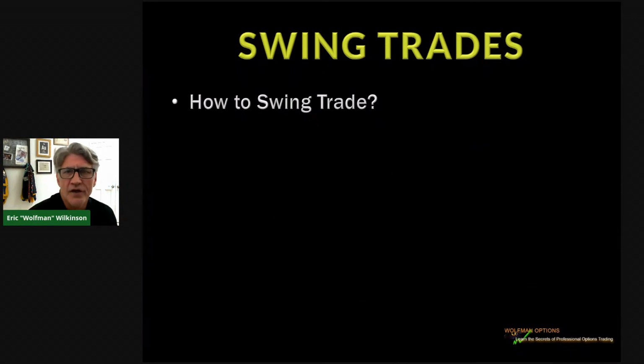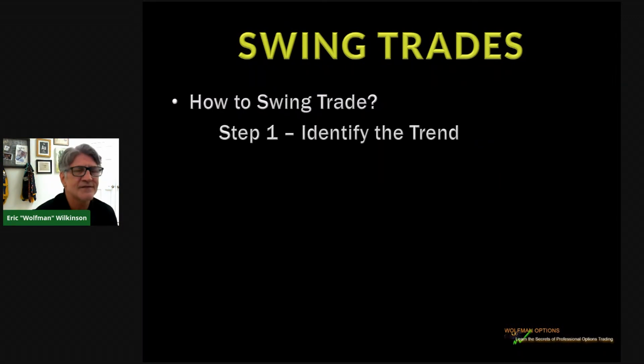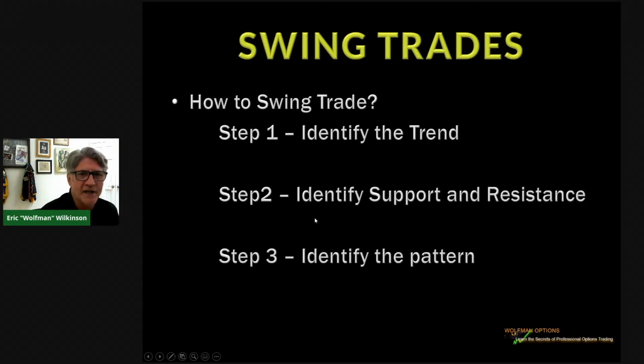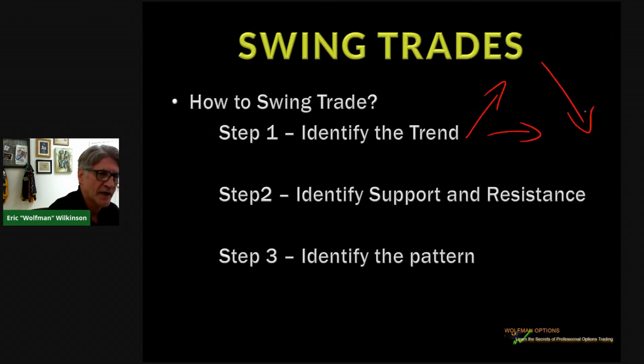So you guys have got this, right? How do we swing trade? First idea is we identify that trend, right? Identify the trend, identify the support and resistance, and then the pattern. Overall trend, are we bullish, market neutral, bearish, right?